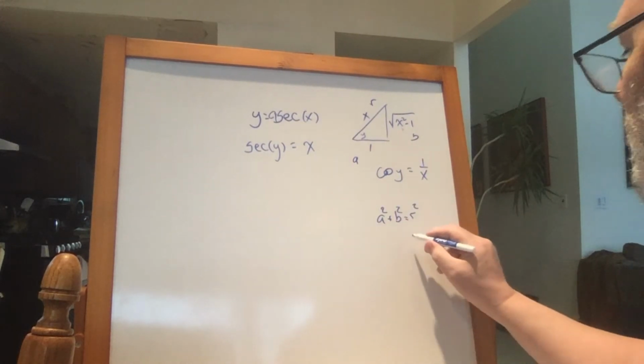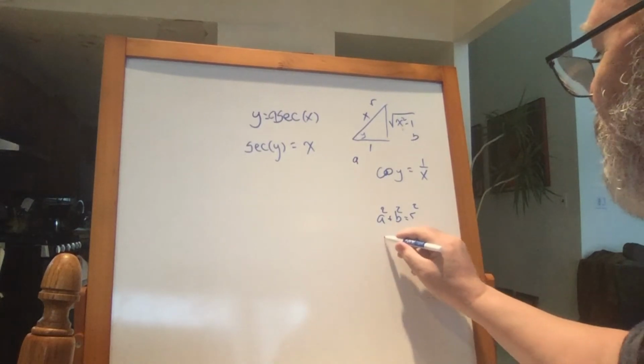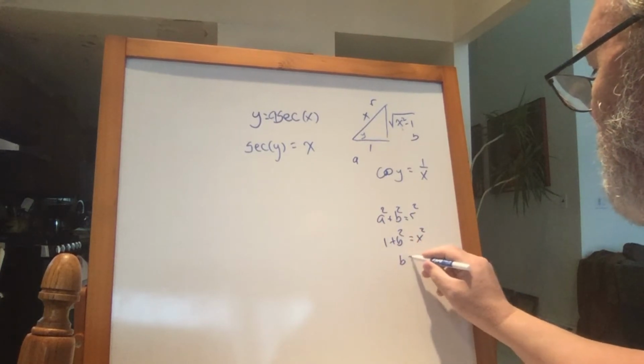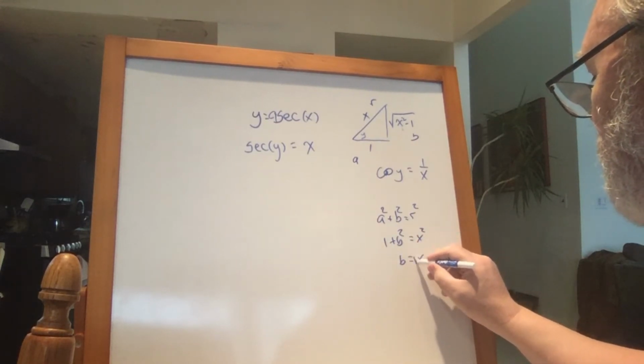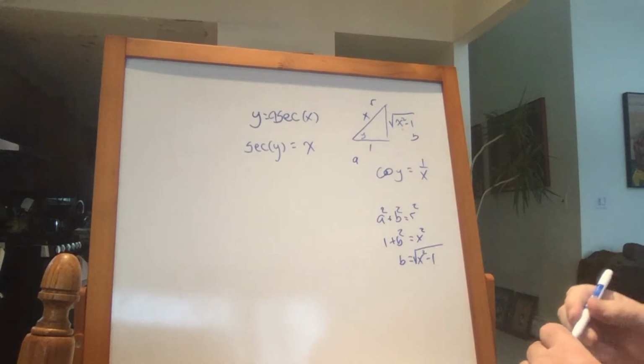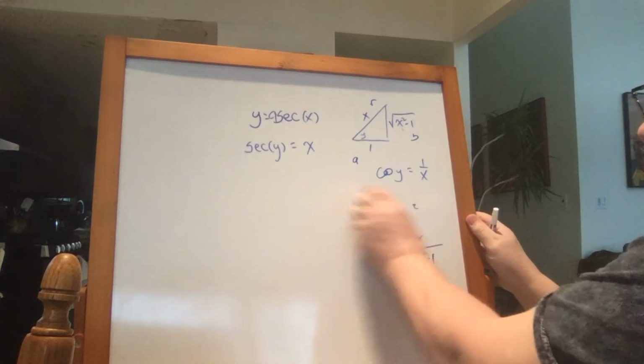Now r is x, squared. a is 1, plus b squared. So b equals the square root of x squared minus 1. All right, so we've got that worked out. Pythagorean theorem.